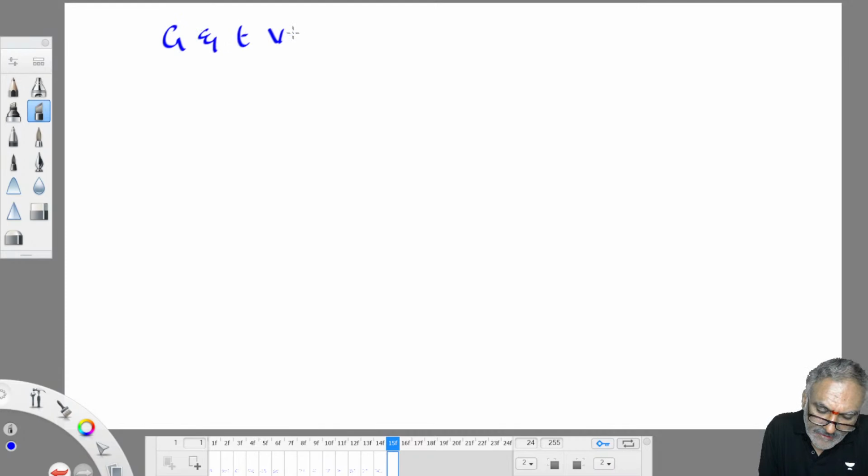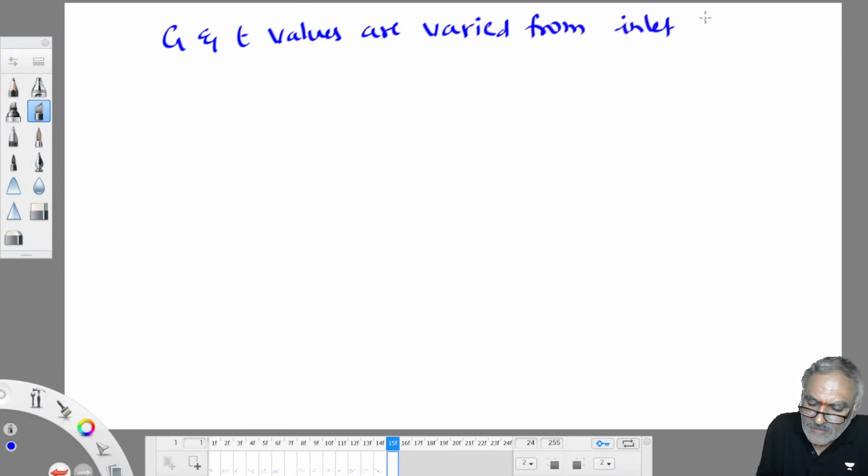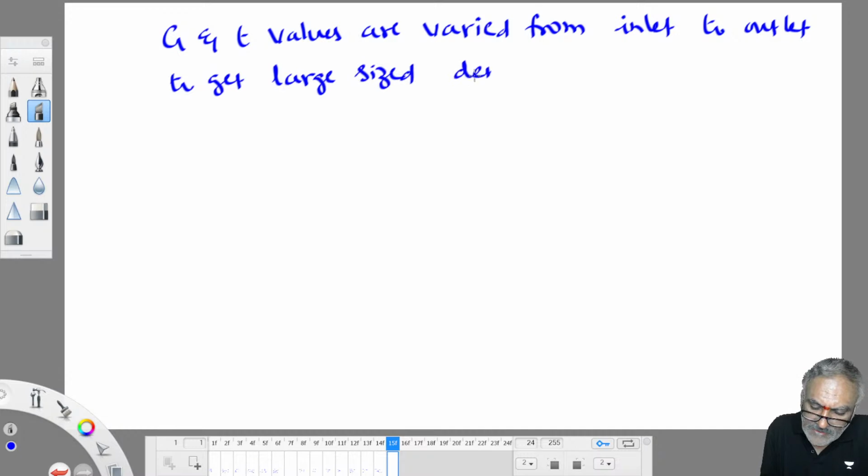G and T values are varied from inlet to outlet to get larger and large sized dense flock.